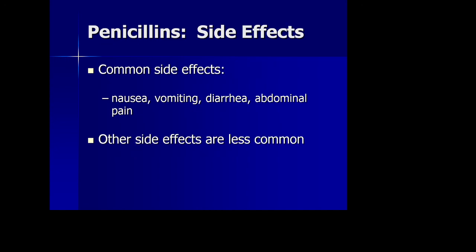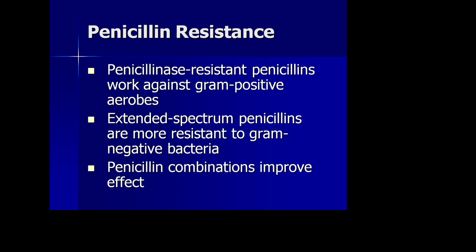Other common side effects are vomiting and nausea, and less common ones. We already talked about resistance. Penicillinase-resistant penicillins work against gram-positive anaerobes, extended spectrum penicillins are more active against gram-negative bacteria, and penicillin combinations improve the effect.